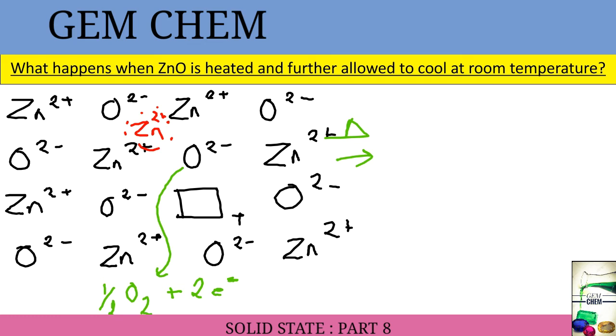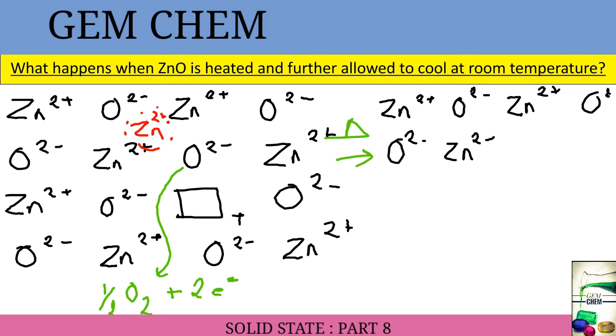So now we draw the new lattice: Zn2+, O2-, Zn2+, O2-, and here O2-, Zn2+, a vacant site created when O2- has left, Zn2+ and Zn2+ here, O2- again here.